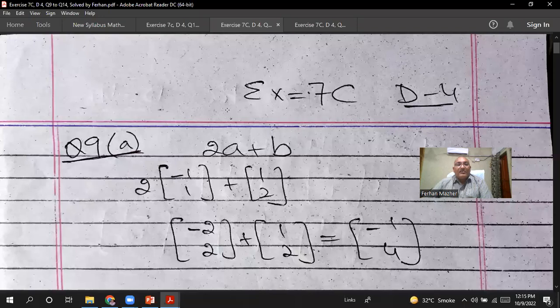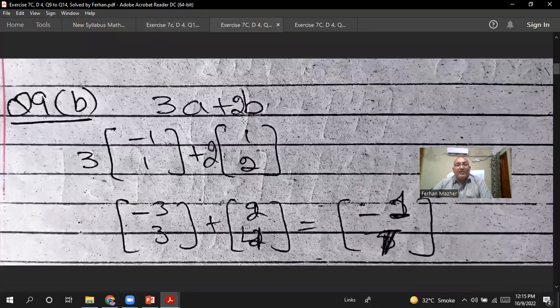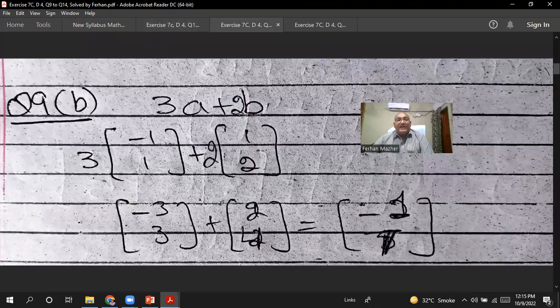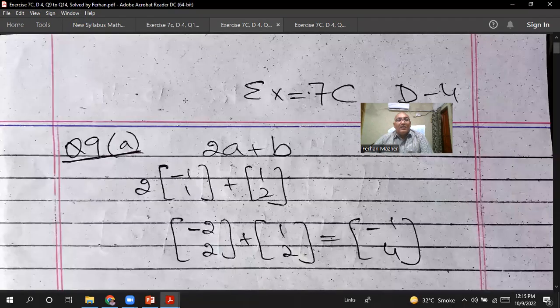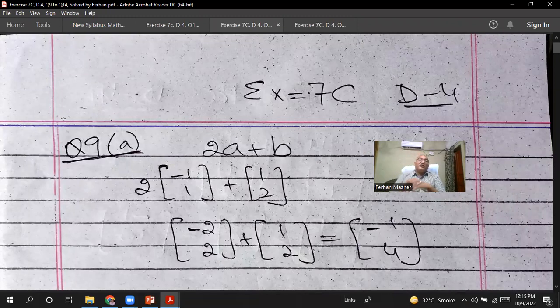So we are going to question number 9. They are basically asking us to find the value of 2A plus B. The column vectors A and B are both known to us.